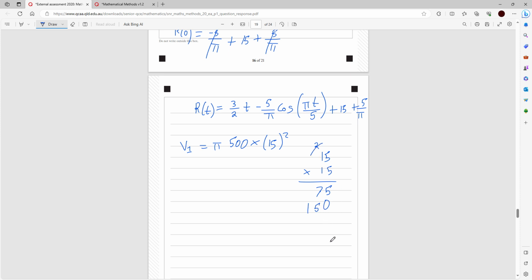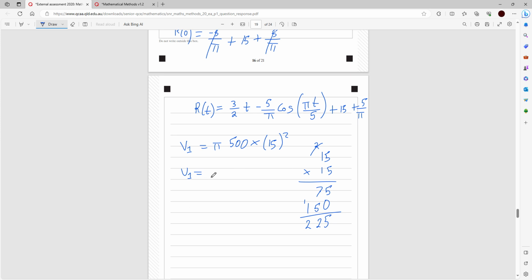So 225 should be 15 times 15. Hopefully. I will double check that just in case. Yeah, it is. Alright, I might have used a calculator, but I make the video, so I don't care. So you can do it without a calculator, as I just saw there.